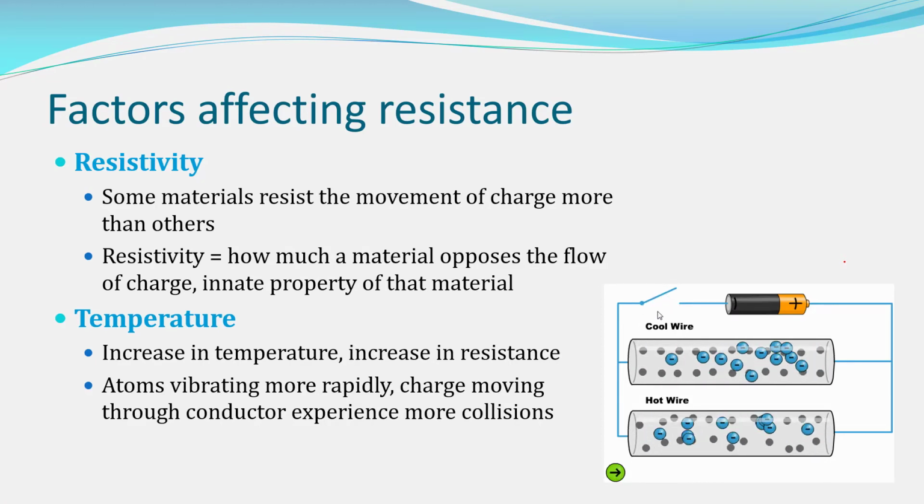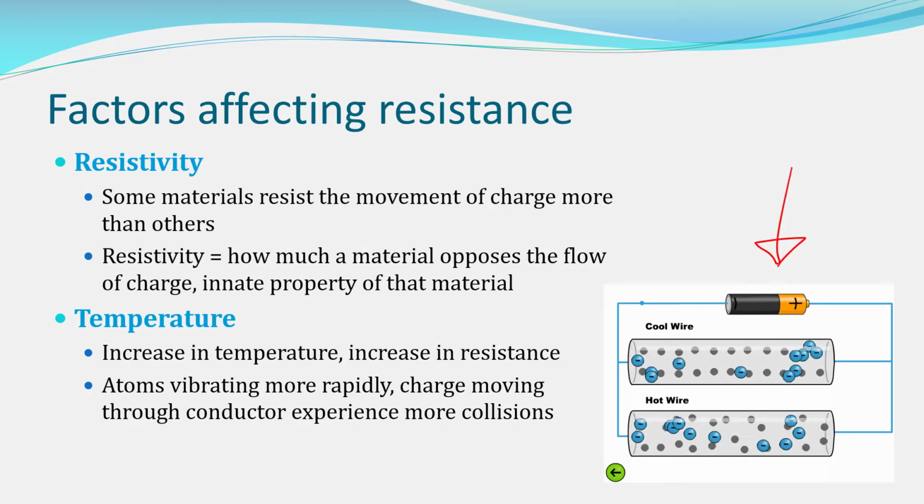And we talked about how current is the flow of electrons, and I've already shown you this diagram in a previous presentation, that when those electrons are flowing through, they're not going to be traveling in a perfect straight line and avoiding all the obstacles in front of them. But if we cool down that wire, if we cool down that material and we make that lattice vibrate less, then there's an easier path for those electrons to flow, which means that we decrease the resistance.